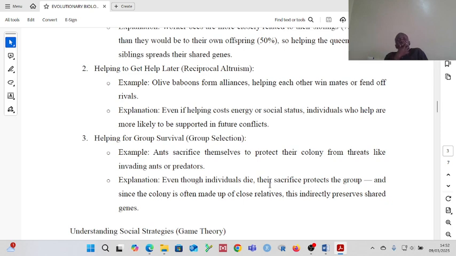The third reason why we help others is helping for group survival or group selection. So think of ants which sacrifice themselves so that they can protect their colony from threats. Okay?